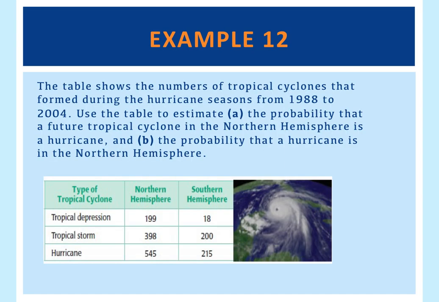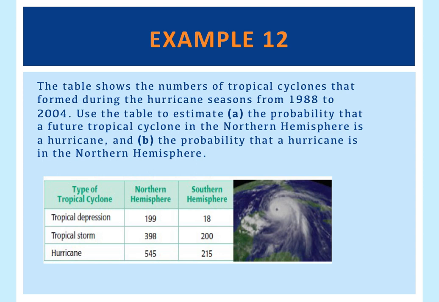Okay, last example. This one is table-based. So a lot of times with probability, you're going to get table information or word problem information, and you're going to have to answer questions. The table shows the number of tropical cyclones that formed during the hurricane seasons from 1988 to 2004. Use the table to estimate A, the probability that a future tropical cyclone in the northern hemisphere is a hurricane. So we want it to be both a tropical cyclone in the northern hemisphere, and we want it to be a hurricane.